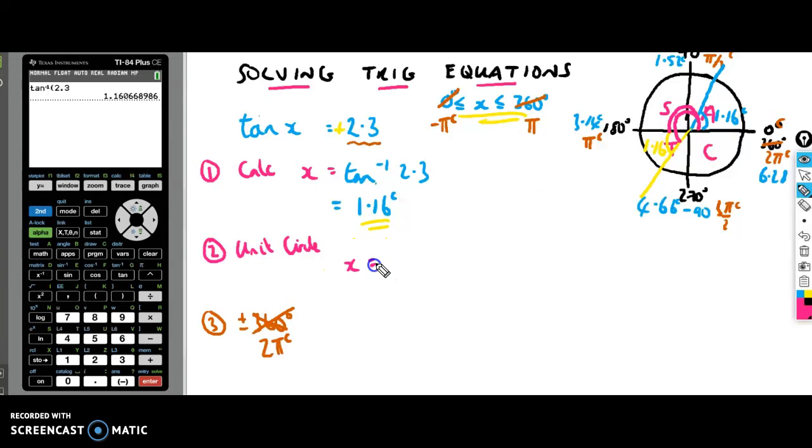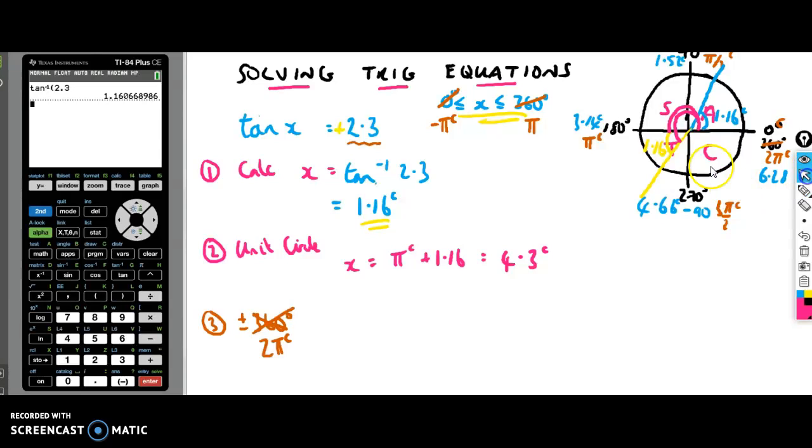So the second answer for x is pi, or 180 degrees, plus 1.16, which will equal, roughly, and I'm just doing this in my head, 4.3. Alright, 4.3 radians.